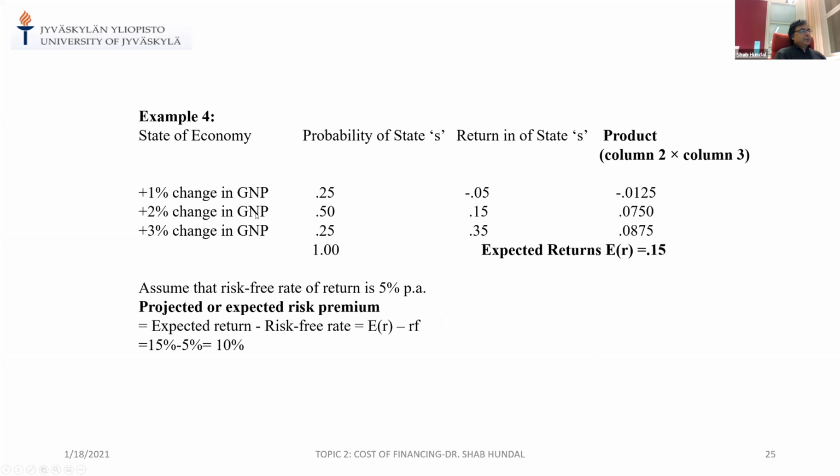If the economy is growing at 2%, then the stock will be increasing at 15%. And if the market is really fabulous at 3%, then the stock return will go up by 35%.